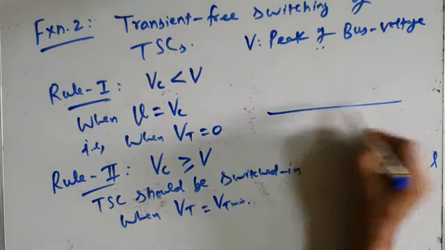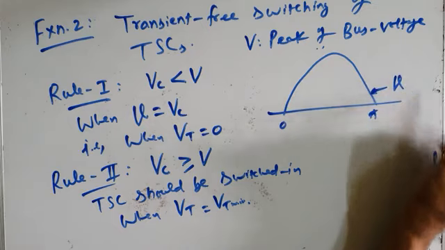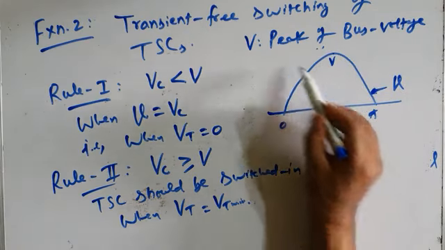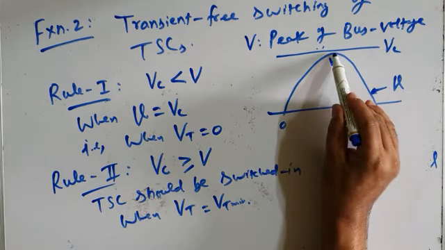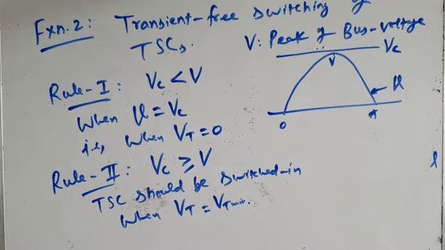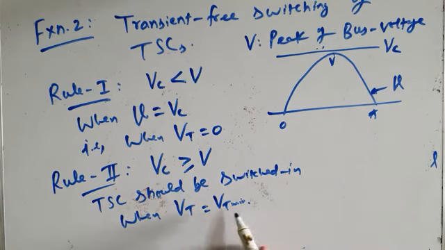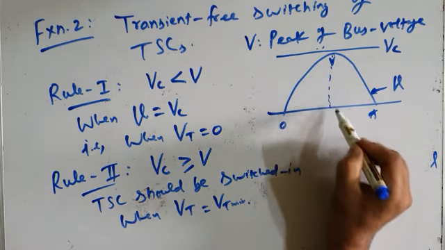I will try to explain it with the help of this waveform. This is again the instantaneous value of applied voltage or bus voltage, and this is the peak of the bus voltage V. And this may be the capacitor voltage. Capacitor voltage may be equal to the peak of the bus voltage or slightly greater than the peak of the bus voltage. When this is the case, your controller should issue the firing pulse at an instant when VT is equal to VT min. When is VT equal to VT min? At the peak of the applied voltage.